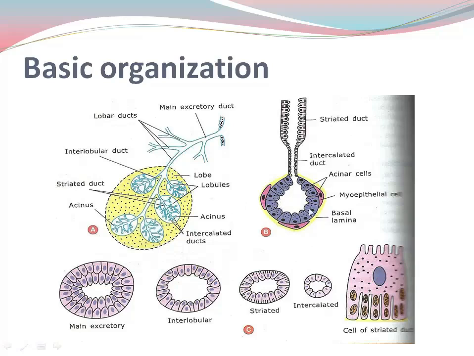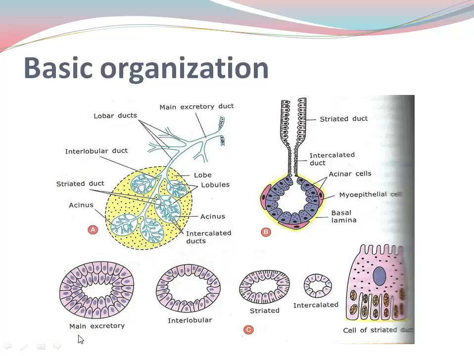So all these small alveolar acini come together to form the lobules. All lobules come together to form a large lobe, and the lobes come together to form the major portion of that gland.